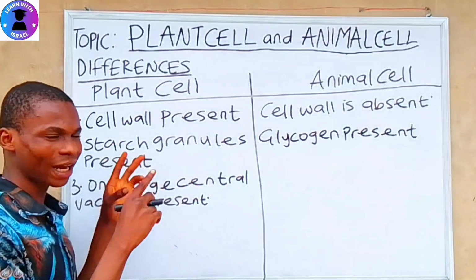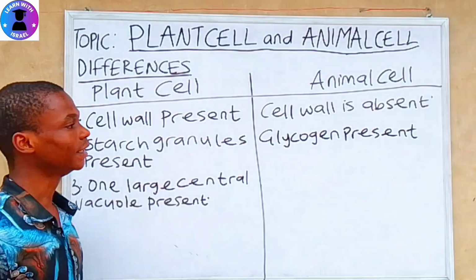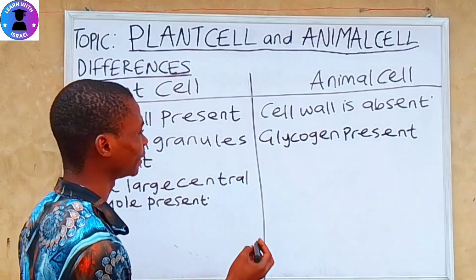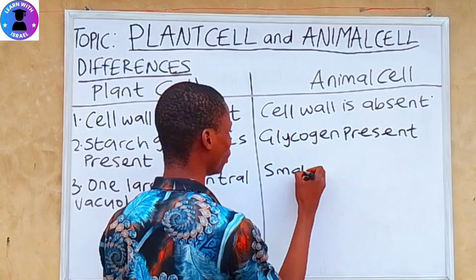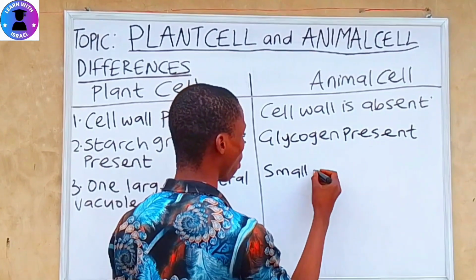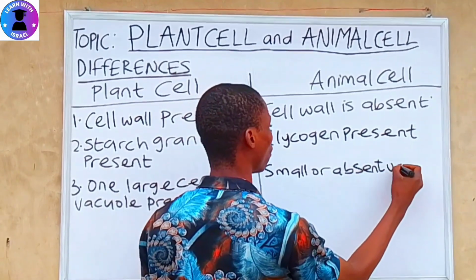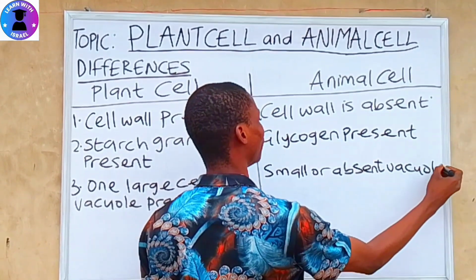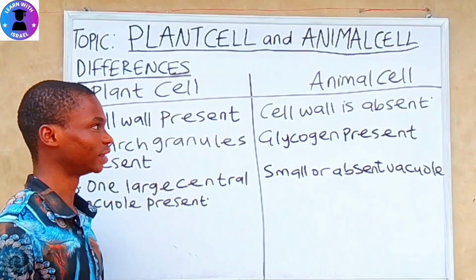Once I show you the diagram of plant cell, you will see the large central vacuole that is present in the plant cell. And in animal cell, we have small vacuole, or sometimes you don't have vacuole. In animal cells, vacuole is small or absent.